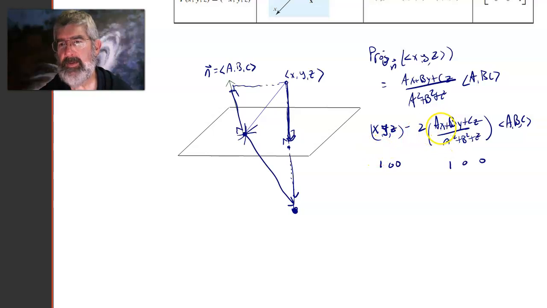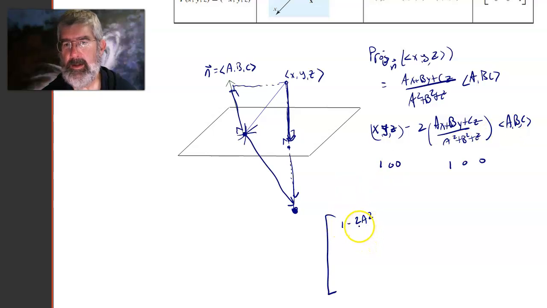I've got a minus 2a here, multiplied by a, over the denominator, a squared plus b squared plus c squared. So let's start making the matrix. I've got a 1 minus 2a squared over a squared plus b squared plus c squared.